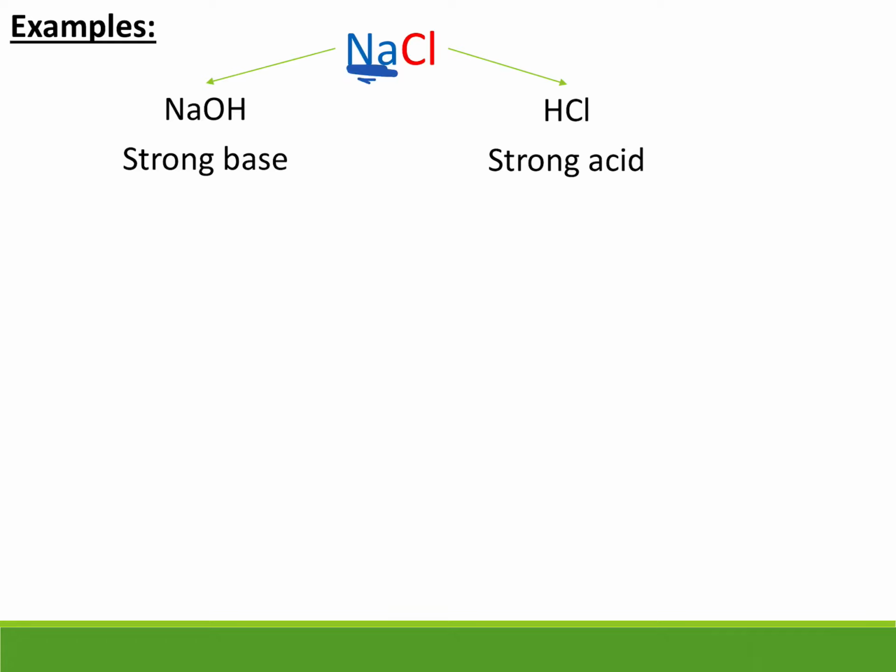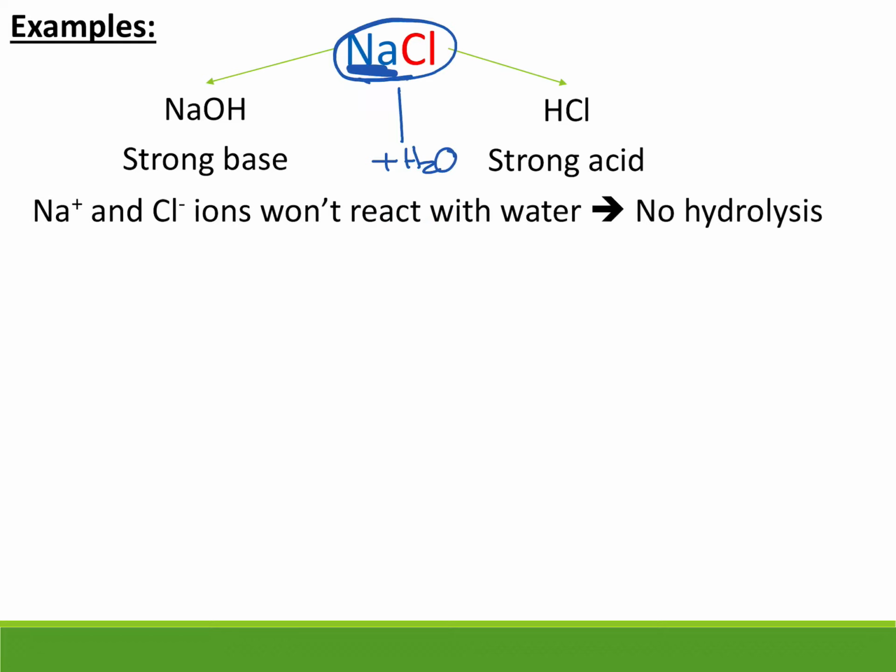Now when this salt reacts with water, so now we put it in water, it's going to dissolve. It then splits up into its Na+ ions and the Cl- ions. These will not react with water. So there's no hydrolysis, and my final solution is neutral. The reason why these don't react is because they came from a strong acid and a strong base.